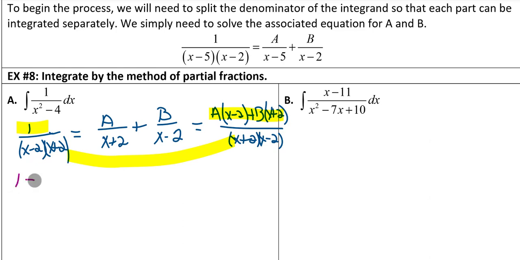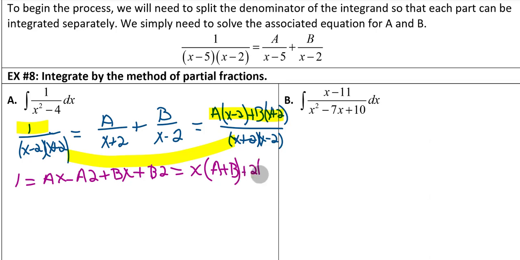We take 1 and set that equal to the expansion, Ax minus 2A plus Bx plus 2B. To combine the x's, you really have x times A plus B, and then the other terms: if we want, we can factor out a 2, giving 2 times B minus A. Here we have an x term, but on the left we don't.